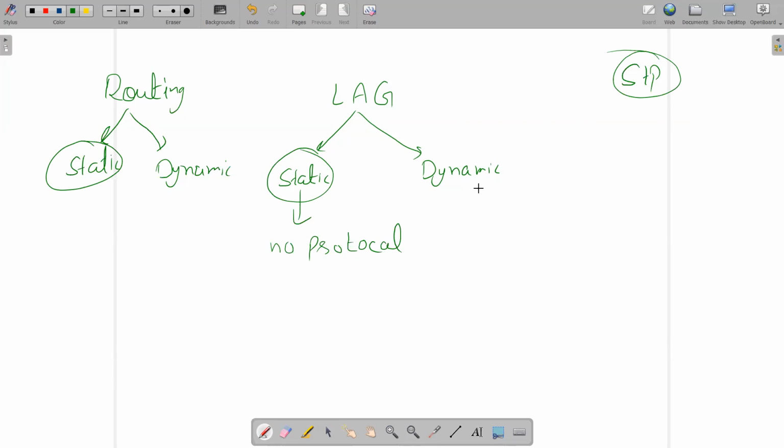And whenever we talk about the dynamic way, like when we were performing dynamic routing, we discussed OSPF, we have to discuss BGP, and there are a number of dynamic routing protocols.